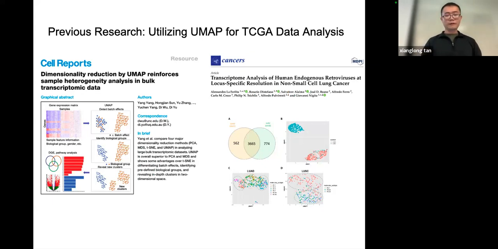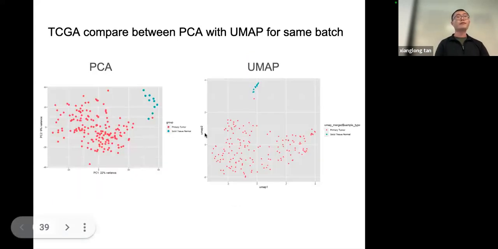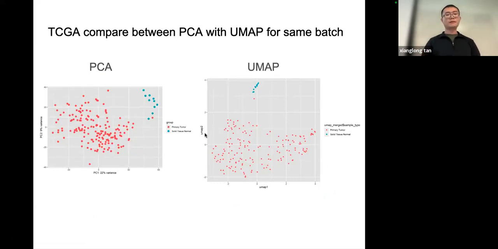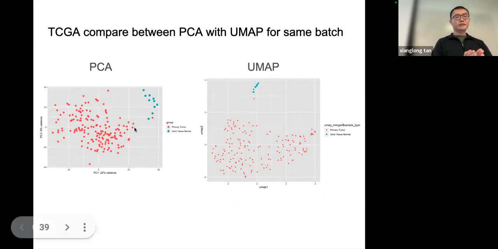When I was doing my research, I tried both methods on the TCGA READ project, comparing the PCA algorithm versus the UMAP algorithm on clustering different samples. For these dimensionality reduction figures, each dot on the scatter plot represents a transcriptome from a single patient.